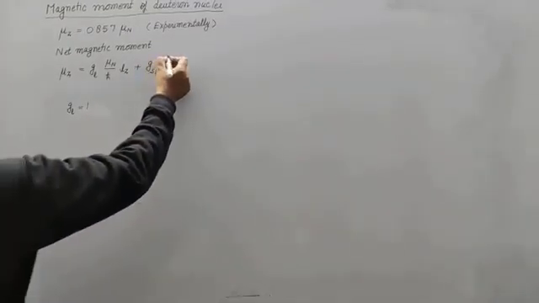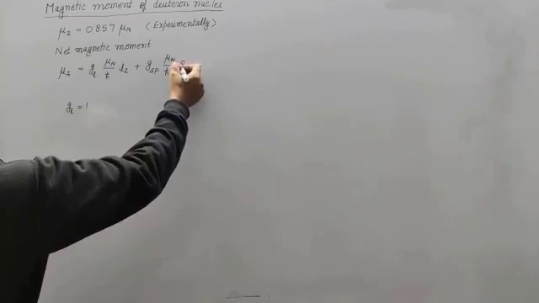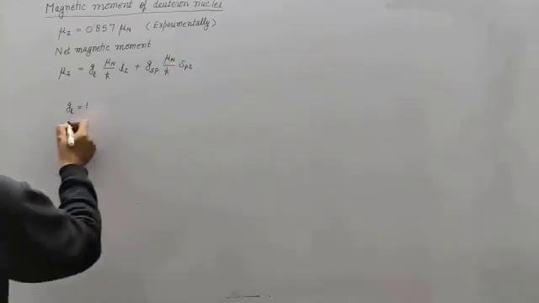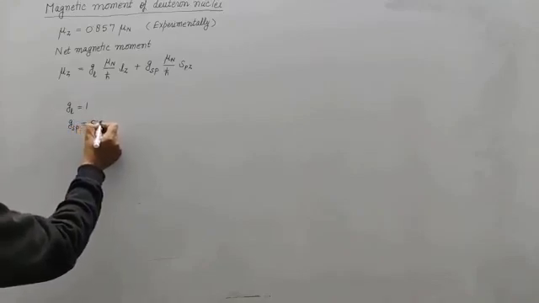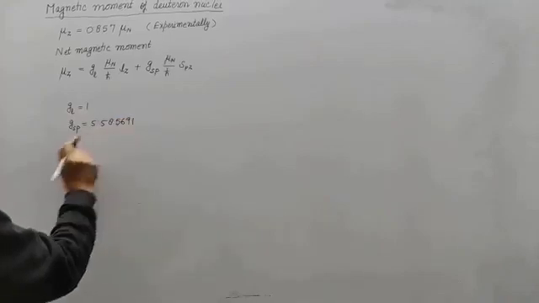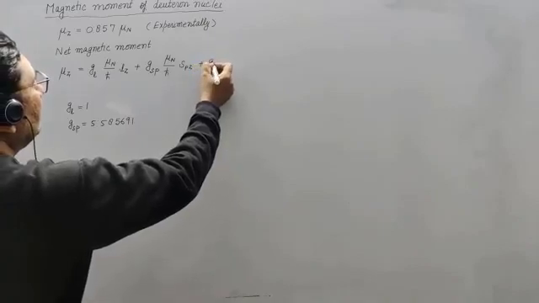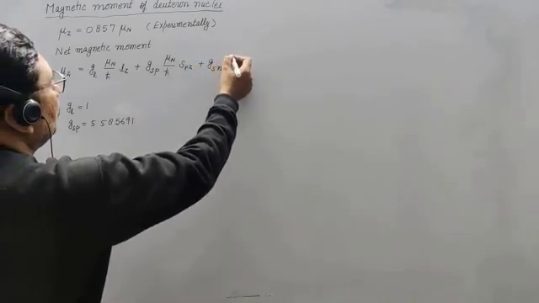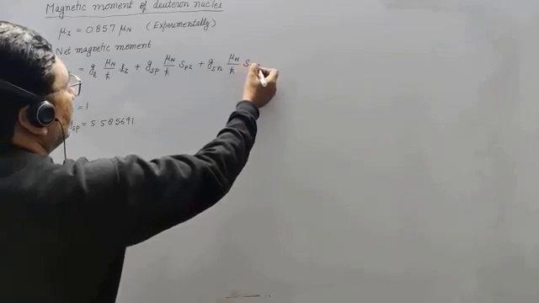The G values are known as gyromagnetic ratio, and this is the gyromagnetic ratio for the spin of the proton, into mu n upon h cross into SPZ. The value of GSP is equal to 5.5691. The third term is due to the spin of the neutron, so this will be GSN mu n upon h cross SNZ.